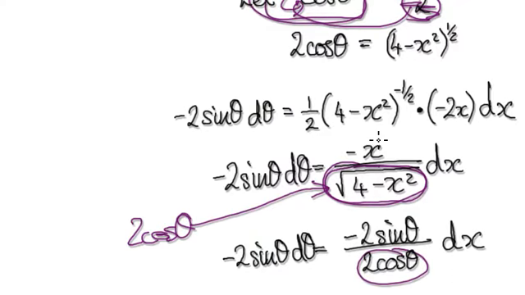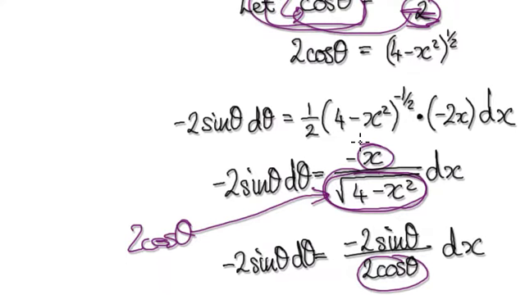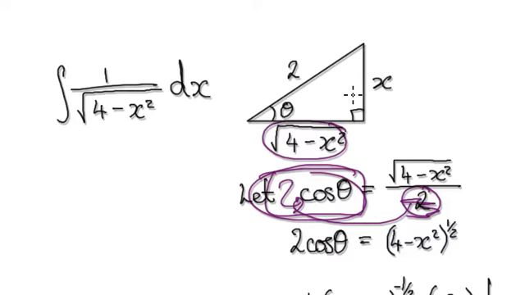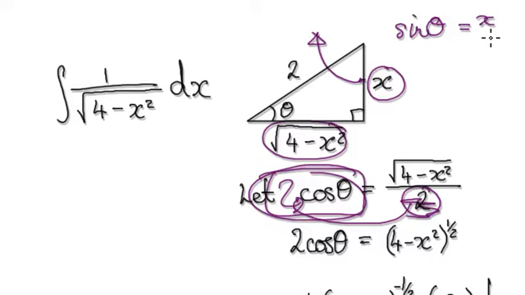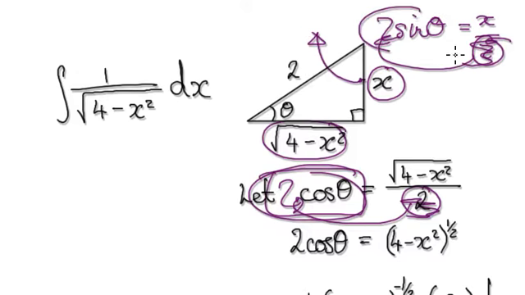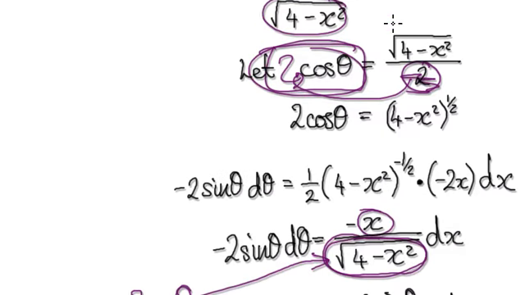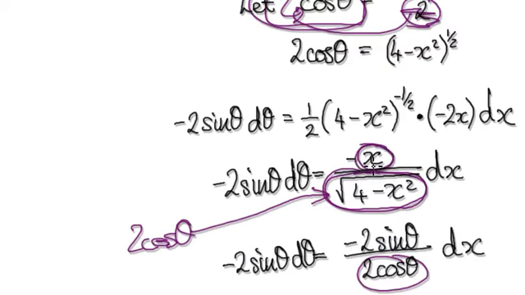That's this bit here. And then if you look at x, going back to the diagram, x is that thing. If you look at the diagram, sine of the angle is x over 2. Now times this, so x is really 2 sine theta. So going back to here, we can replace x with 2 sine theta.